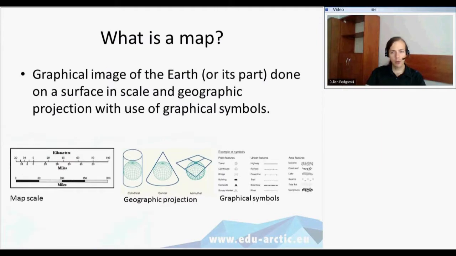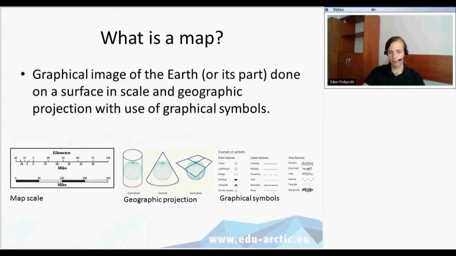Let's start with a short introduction. It may look quite dry and may resemble things you have already seen in your classes. So what is a map? How do we define a map? What's the formal definition of a map? A map is a graphical image of the Earth or a part of the Earth, or actually any other celestial body nowadays.